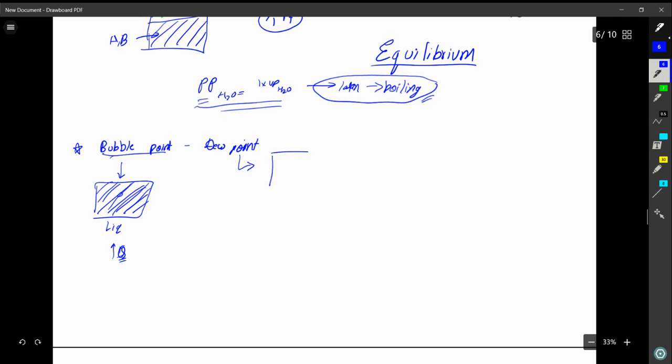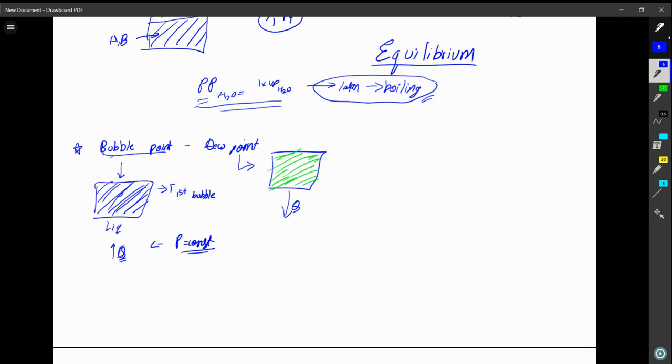And then for dew point, one thing to be kept in mind is that pressure is constant when we are considering this. So this is the temperature for the first bubble. And then here you have full gas, not a single drop of liquid, and you keep on cooling it.